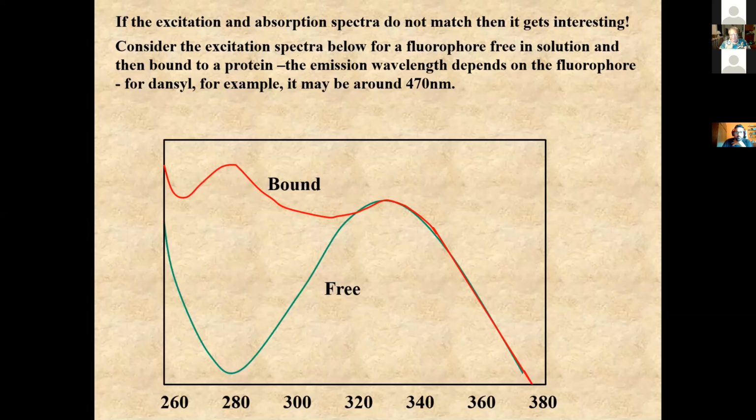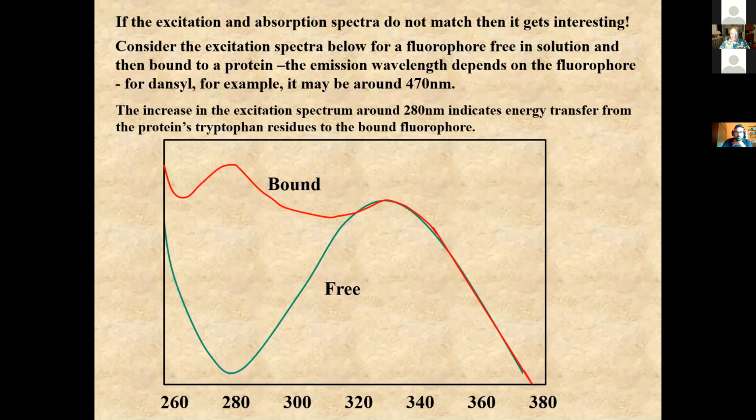And we see that there's a big deviation down at lower wavelength, 280, for example. Well, that's because you can have energy transfer from the protein's tryptophan residues to the bound fluorophore, resulting in an altered excitation spectrum. And also in the case of FRET, you would get alteration. So these changes in excitation spectrum can be very important for pointing out some underlying photophysics in the system.